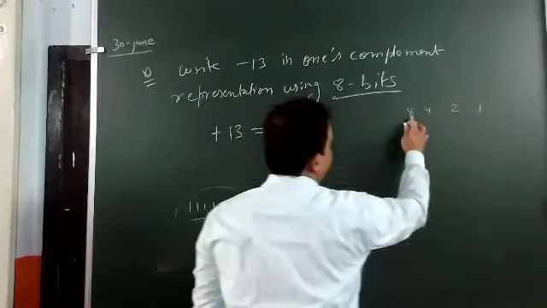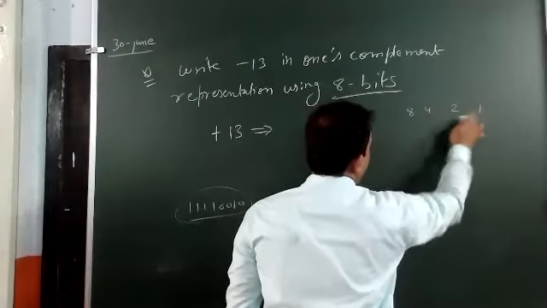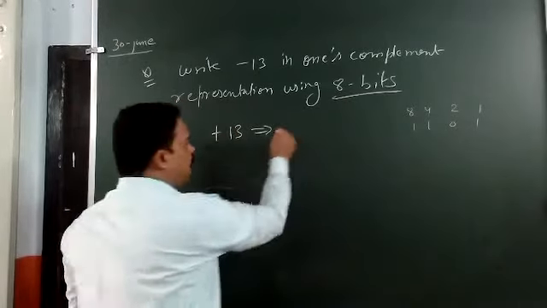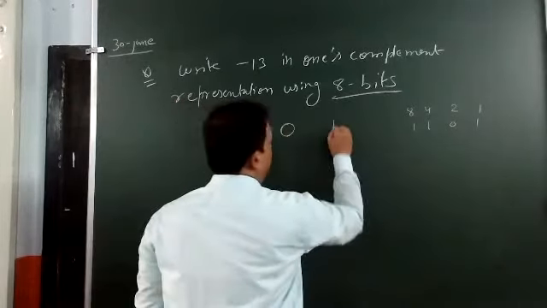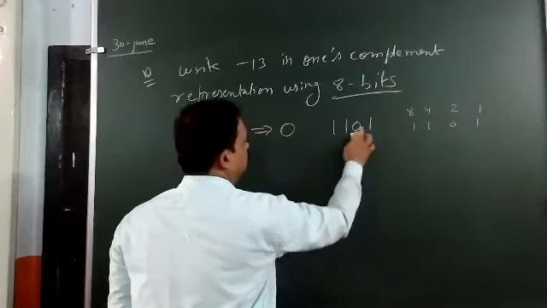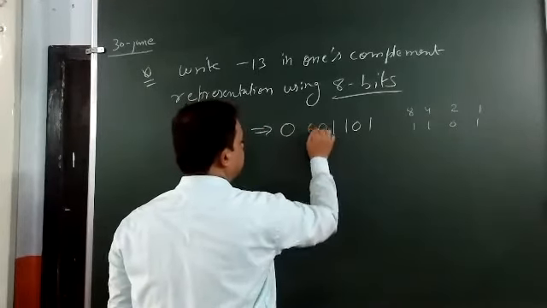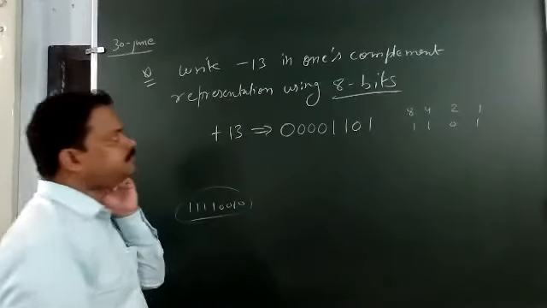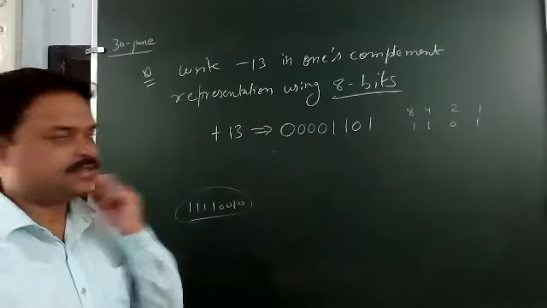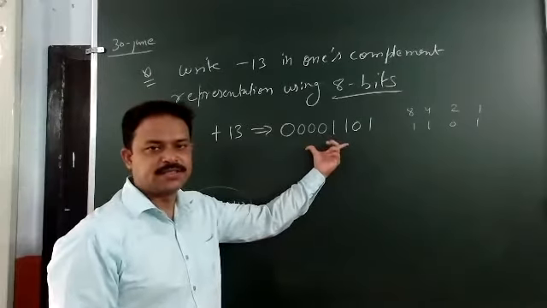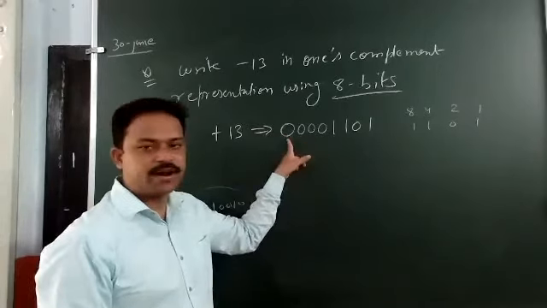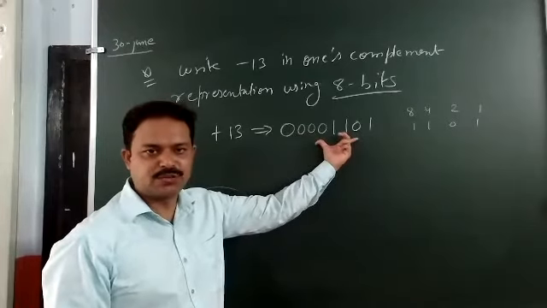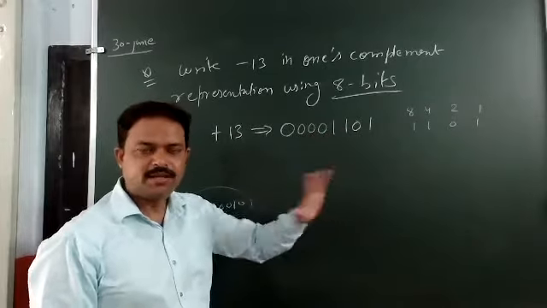I will get 13: 8 plus 4 is 12, plus 1 is 13, so 1 1 0 1. Since it is a positive value, I will write 0 here. 1, 2, 3, 4, 5, 6, 7 and 8. Total 8 bits. Out of 8 bits, 1 is for sign bit and remaining is for magnitude. This is plus 13.